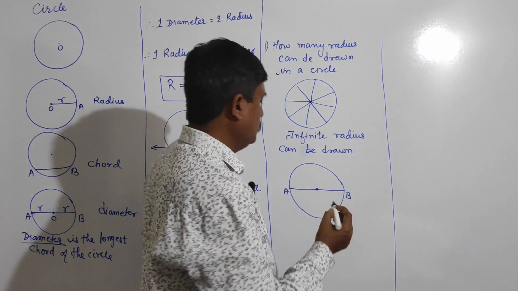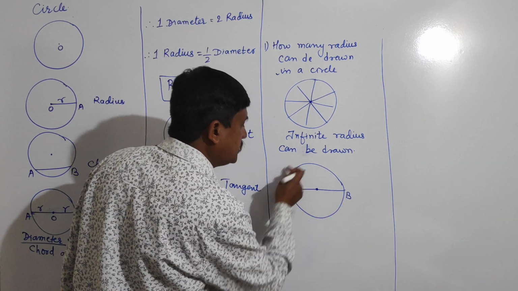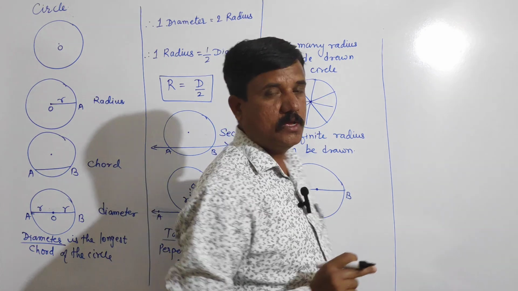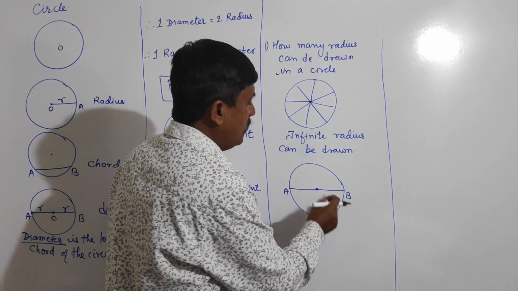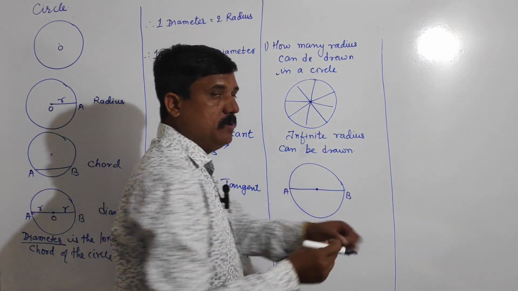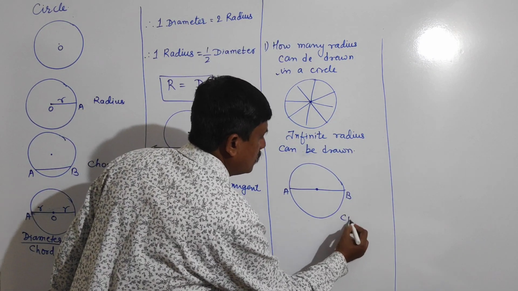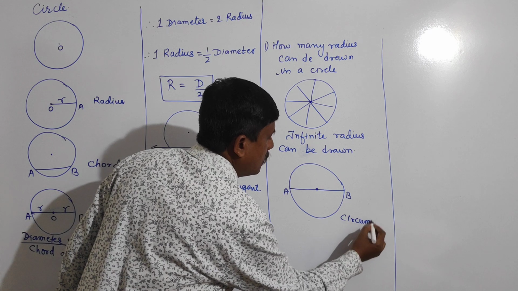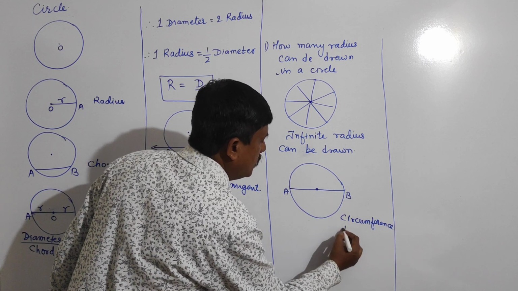This curved line is known as the circumference, its length. If I open it from here, it will be a straight line, right? This is your circumference. This is your diameter.